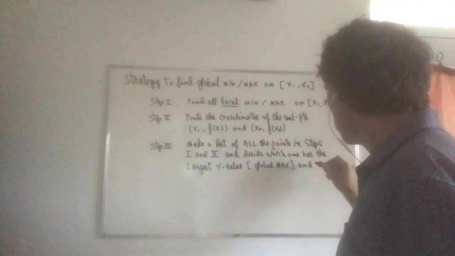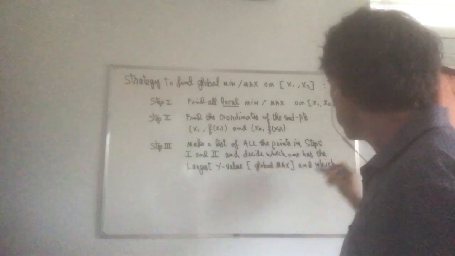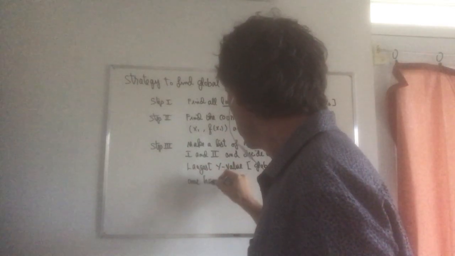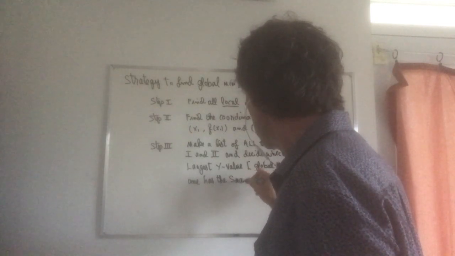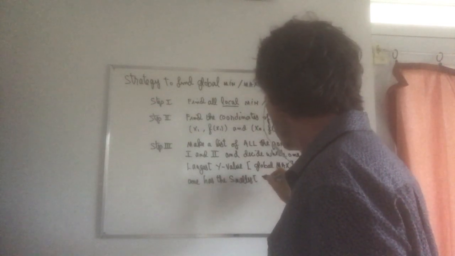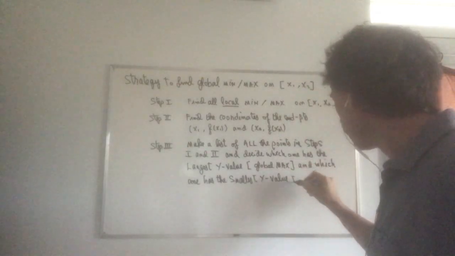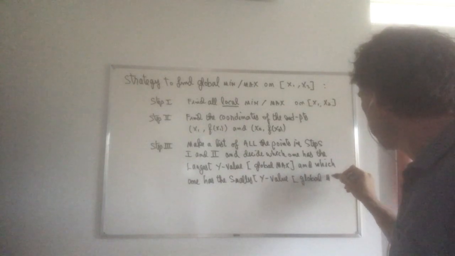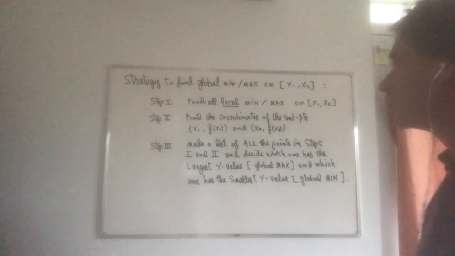And which one has the smallest y value, and that will be your global min. That's going to be our 3-step strategy.